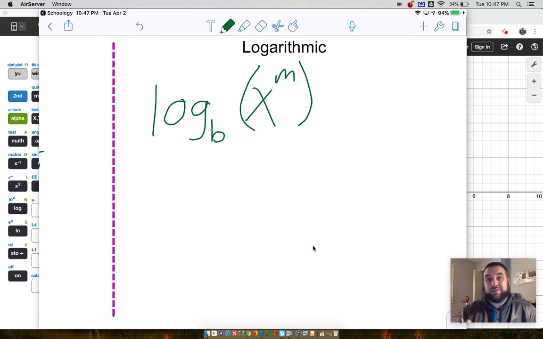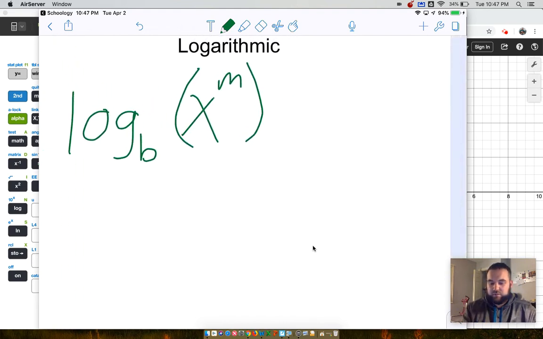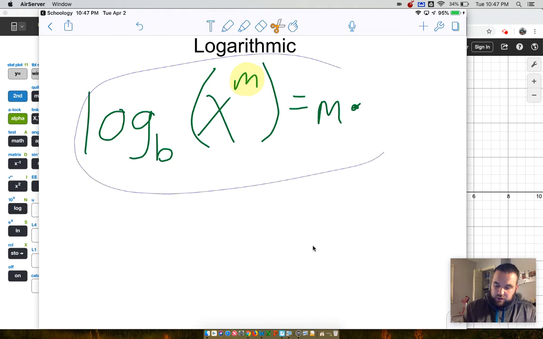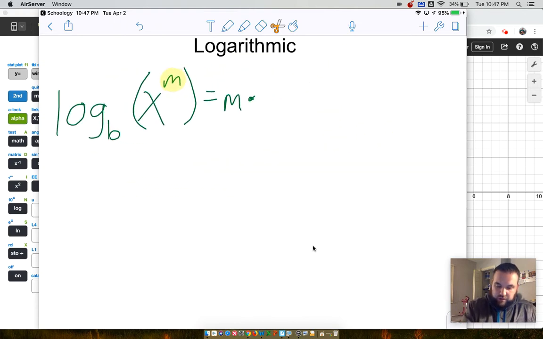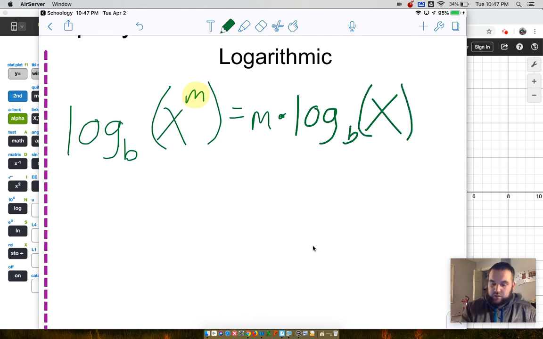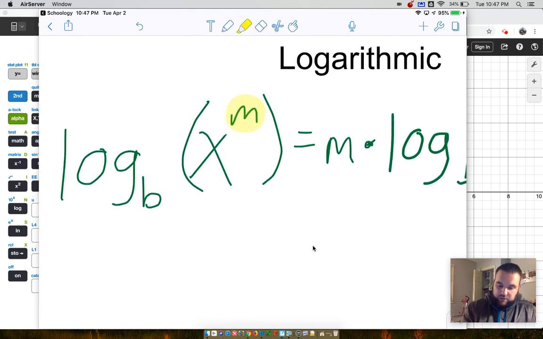If you have an exponent inside your logarithm, you can bring the exponent out front and write it as a multiplication problem. So log base b of x to the m power can be rewritten as m times log base b of just x. What happens is I took this power and I brought it out front.